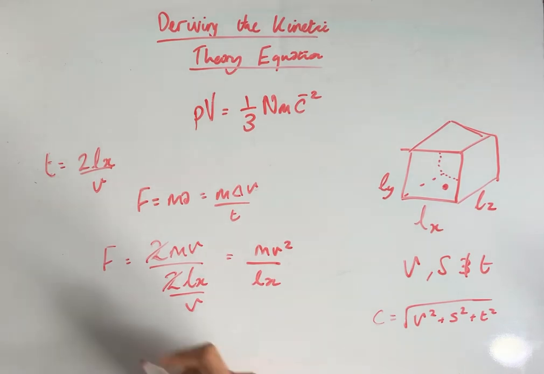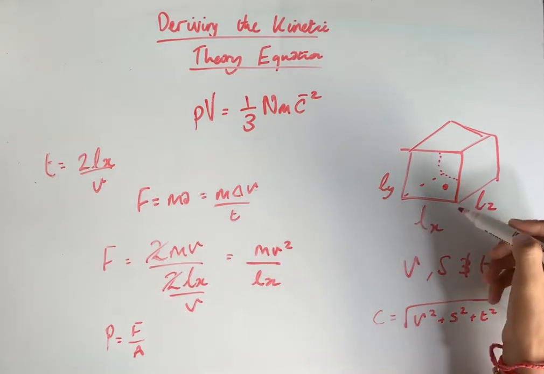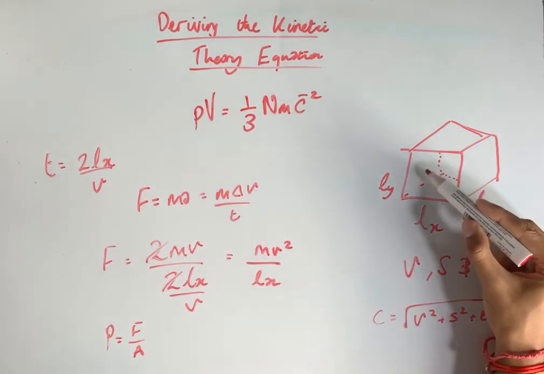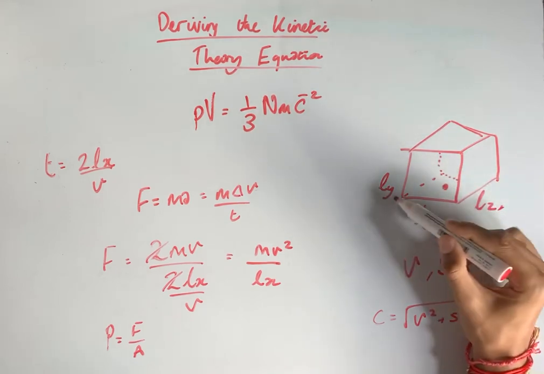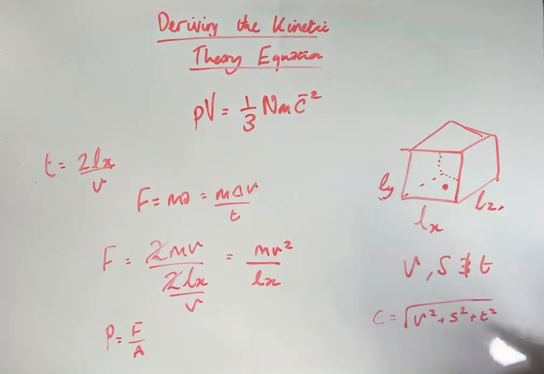We know that pressure equals force divided by area. And the area of the face is the multiple of the other two dimensions. So if it's traveling along the x-axis and it collides with this face, then the area of this face will just be the product of this dimension and this dimension.